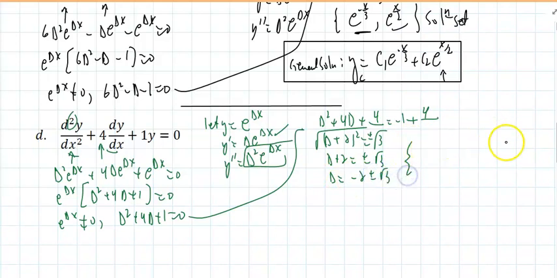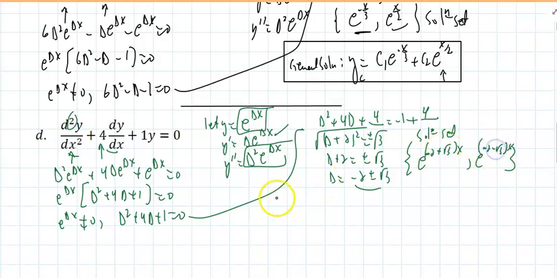So the solution set is e to the dx, but d is this mess, so e to the negative 2 plus radical 3 x, e to the negative 2 minus radical 3 x, and the general solution of the homogeneous, y equals any multiple of that plus any multiple of that.